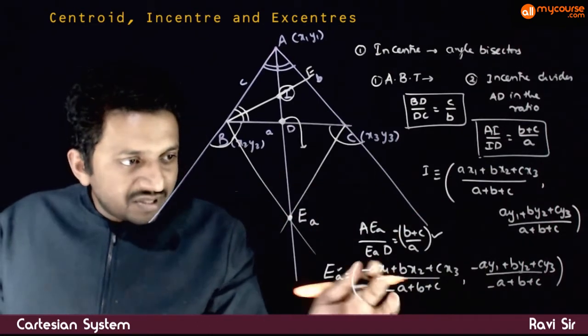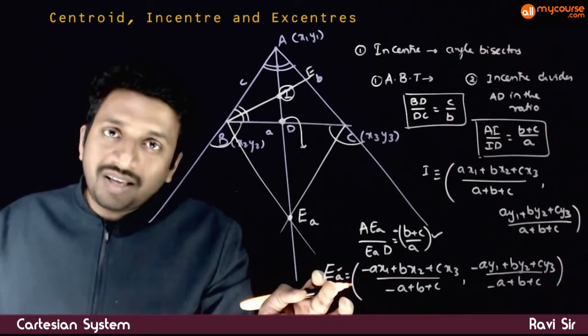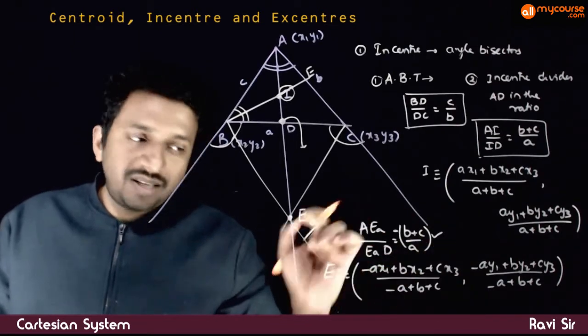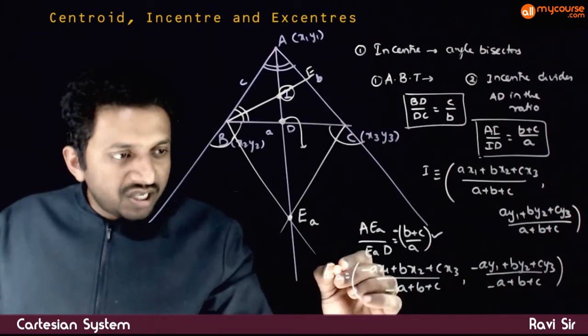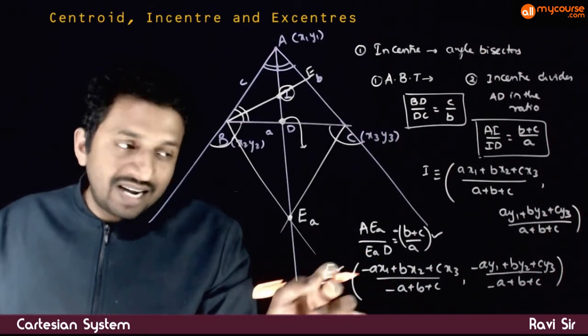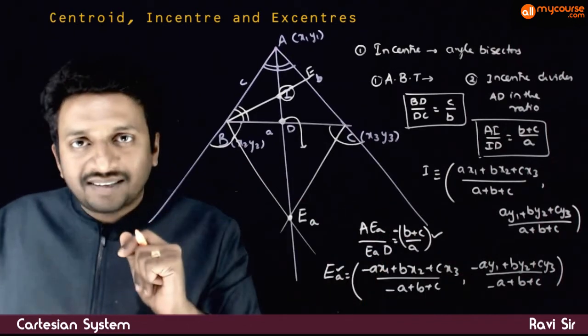So the minus comes with the terms corresponding to a. If you want E_B, you get (aX1 minus bX2 plus cX3) by (a minus b plus c). So whichever excenter you want, corresponding to those vertices and sides, you put a minus sign. So this gives you the formula for the excenter.